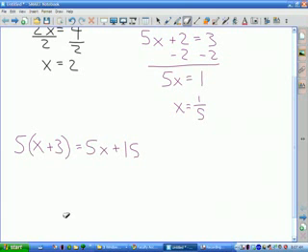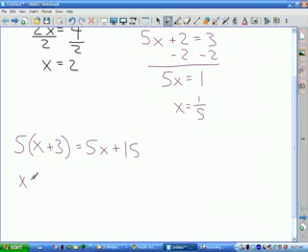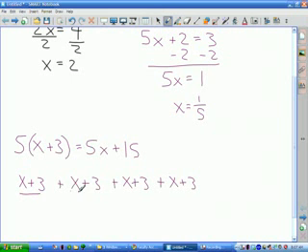Well, remember what's happening when we talk about multiplication. Doesn't this right here just mean this? 5 times (x plus 3), doesn't that mean (x plus 3) plus (x plus 3), there's 1, 2, 3, that's 3, 4, and then one more, 5.